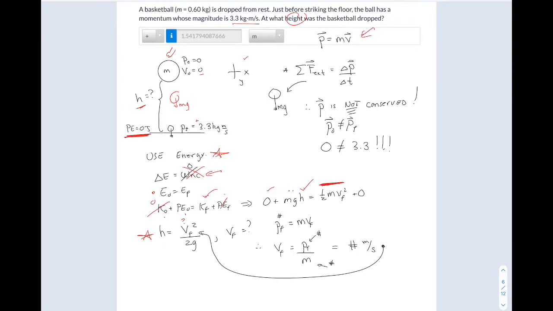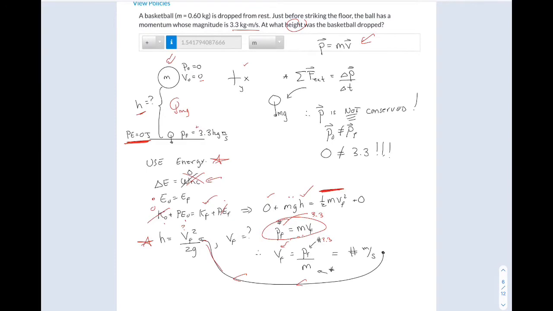But they give me the momentum when it hits the ground, 3.3. So just solve this for v final, which I did. They give the momentum, 3.3 in the correct units, and they give you the mass, and that gives you a number for v final, and then you put it right back in there, and that gives you the height. So that was using energy, the old chapter, and momentum.